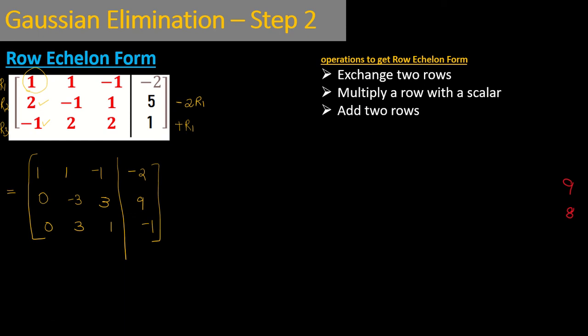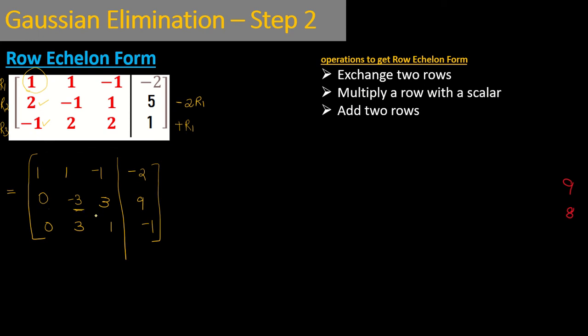And now the first row is over. Now we have to take this element. The first element is 0 in this case, and we have to convert this minus 3 into 1.